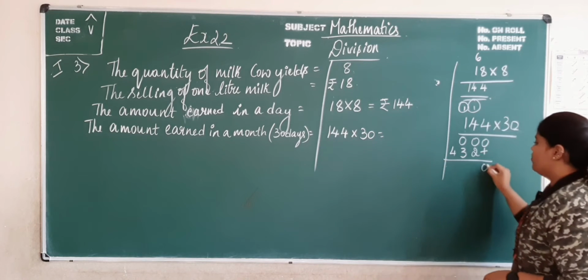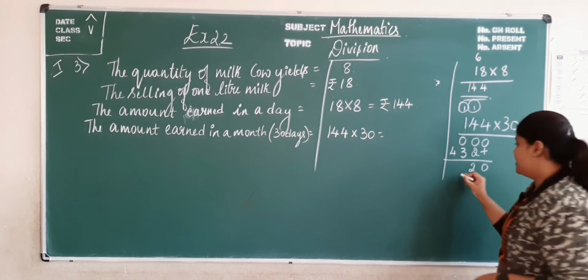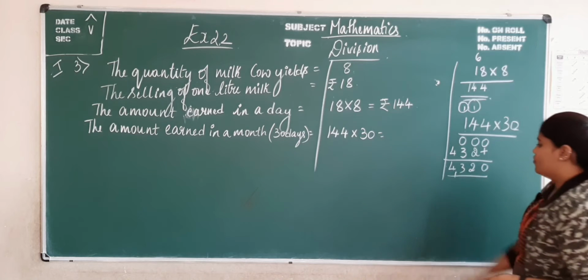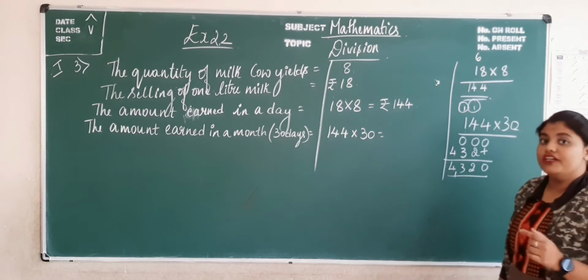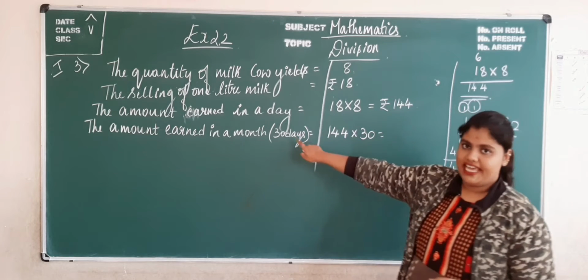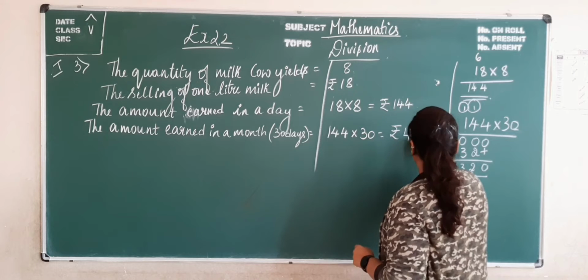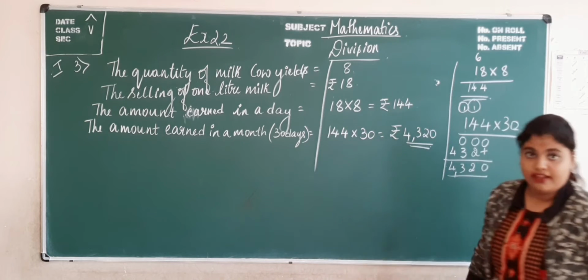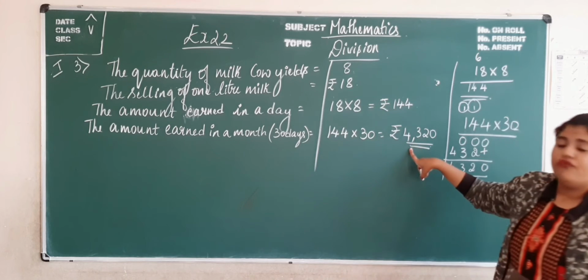So 0, 2, 3, 4. What is this? 4,320. Yes, the amount earned in 30 days. I can write rupees 4,320.